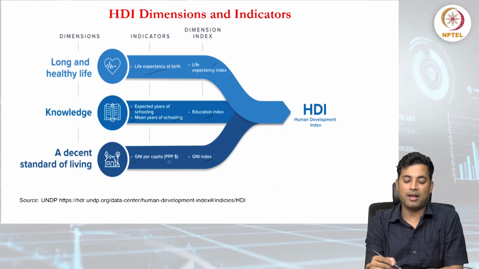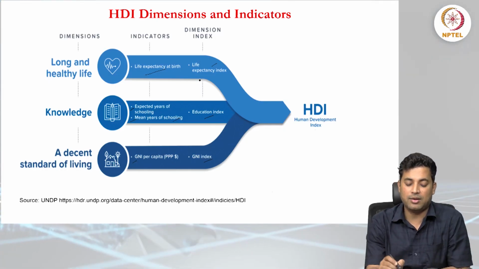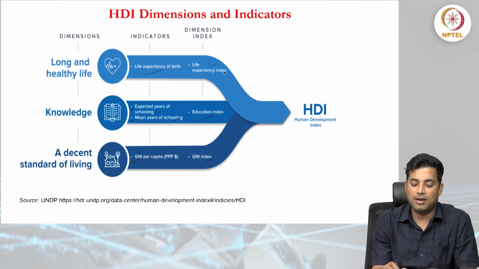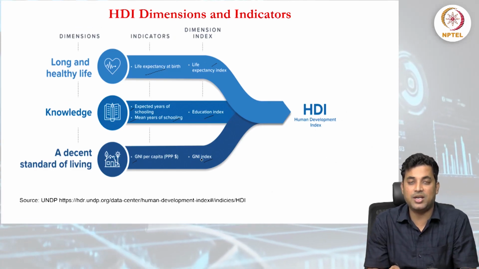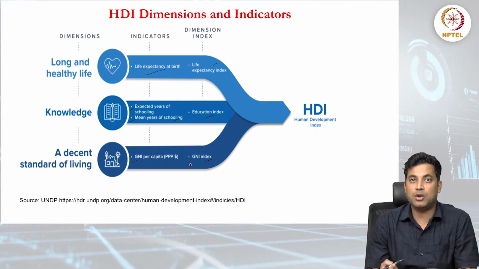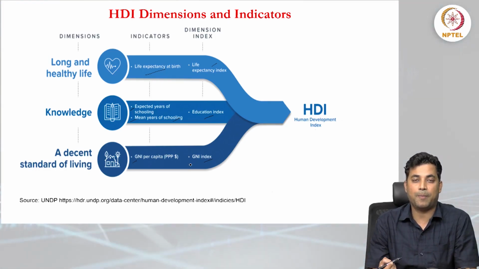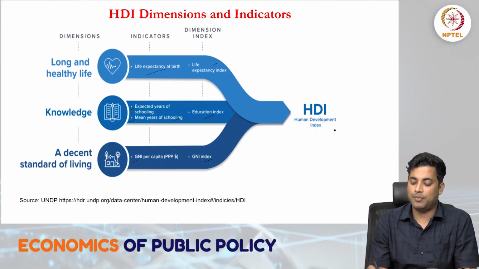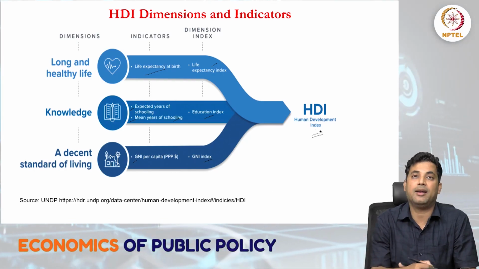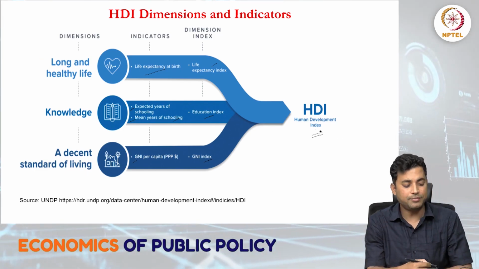So this is how. Then if we give equal weightage, 1 by 3 each, to the life expectancy index, education index, and GNI index, to make 1, we get the human development index, HDI.